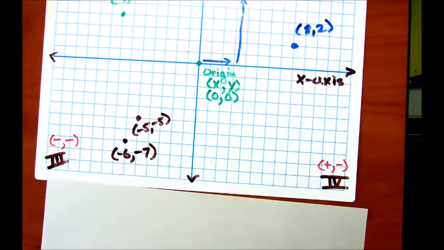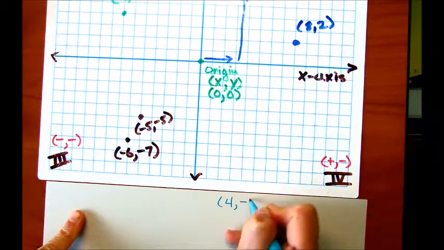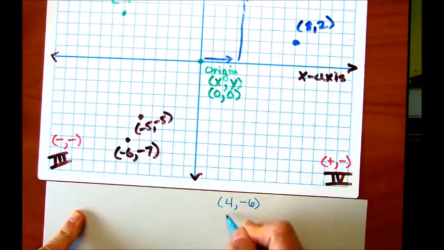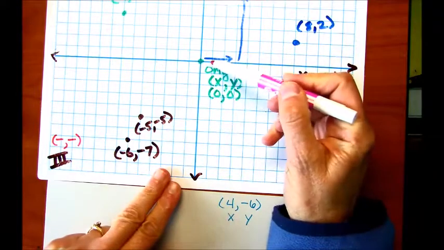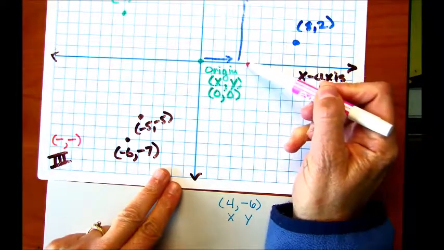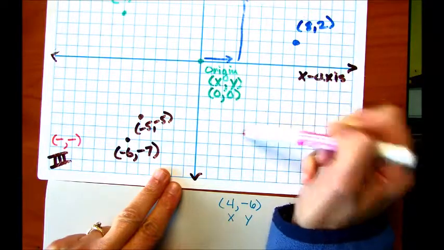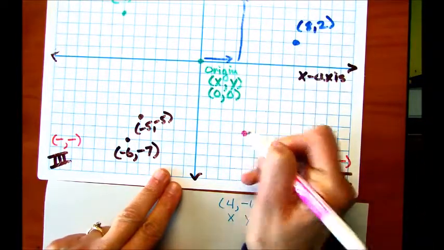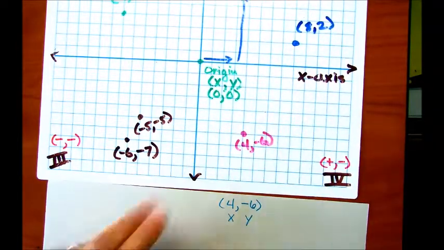Let's say we have 4, negative 6. So the 4's are x, the negative 6 is the y. So 1, 2, 3, 4, 1, 2, 3, 4, 5, 6. 4, negative 6.